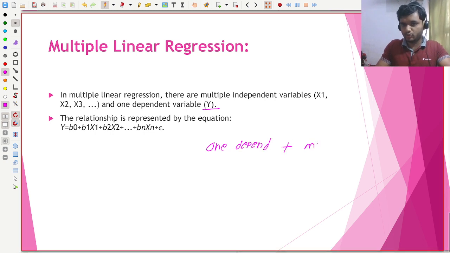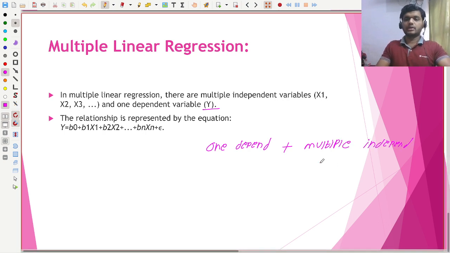But in simple linear regression, it is one dependent variable plus one independent variable.